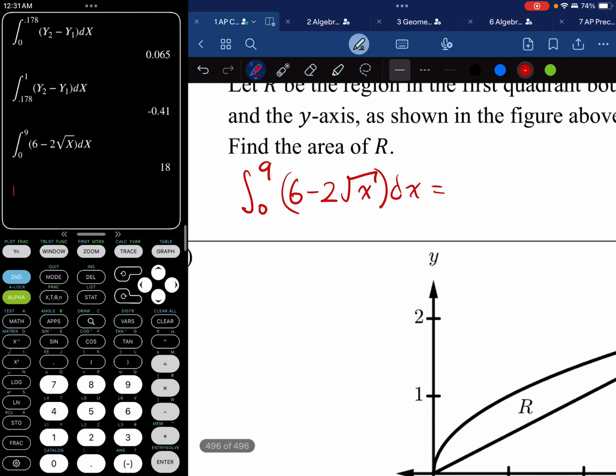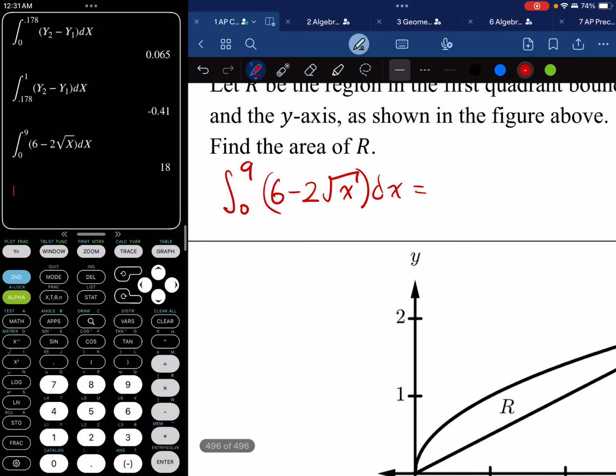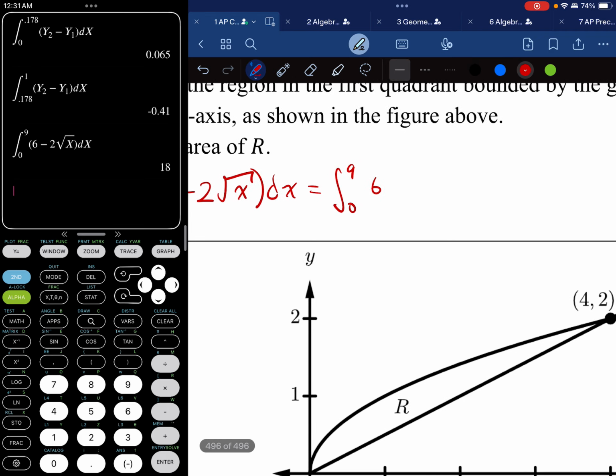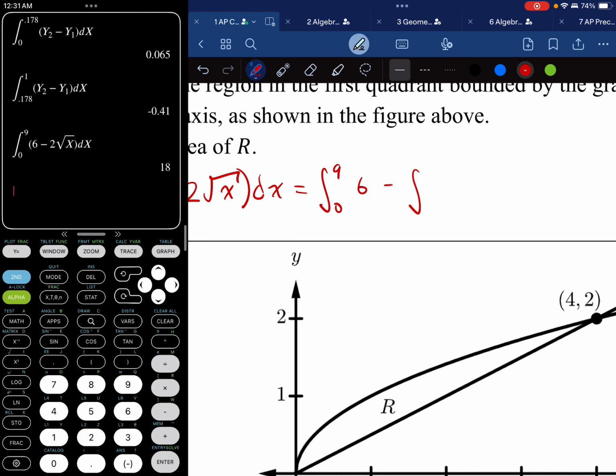You can say this is the integral from 0 to 9 of 6, and I'm going to be informal about this, minus the integral from 0 to 9 of 2 square root of x. I'm going to change the square root of x into x to the power of 1/2.